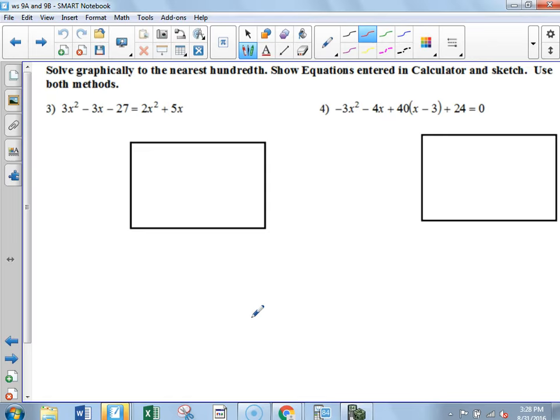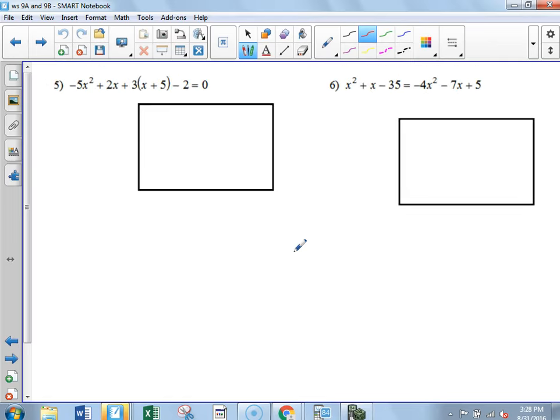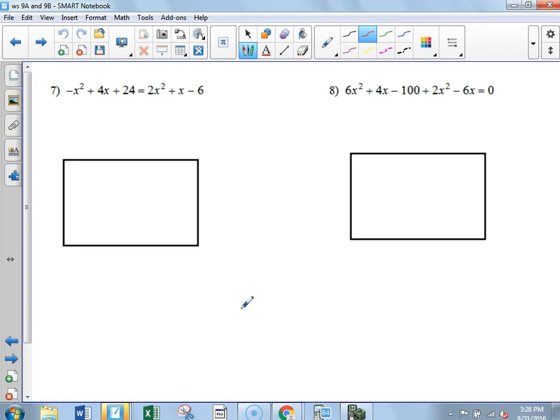And it says show what you entered in your equation and sketch, use both methods. So maybe for the odd ones, use the intersect method, and for the even ones, use the get it equal to 0 method, okay? You get what I'm talking about? Or pick the ones that are already equal to 0. That would be really good. The one that's already equal to 0, use that method.